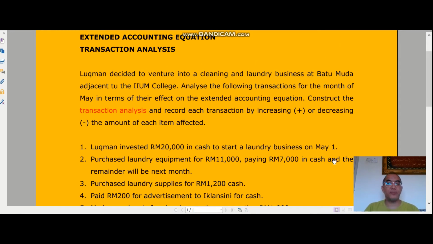Okay, now Lukman decided to venture into a cleaning and laundry business at Batu Moda adjacent to the college. Analyze the following transaction for the month of May in terms of their effect on the extended accounting equation. So you construct the transaction analysis and record each transaction by increasing, there's a plus sign, or decreasing, there's a minus sign, the amount of each item affected.